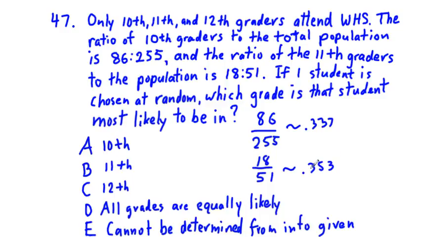Now, we have enough to answer the question, because if you have just random choice, you should expect all of these to be 1 divided by 3, or 0.333. Well, the last one, the 12th graders, is going to have to be about 0.31. So our biggest class is going to have to be this 11th grade class. And so with that information, we're able to circle in answer choice B.